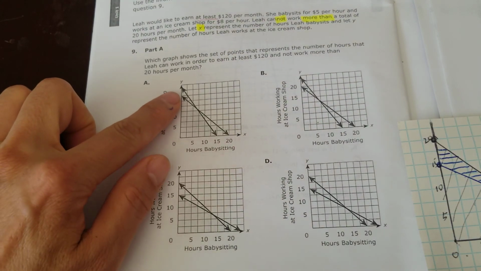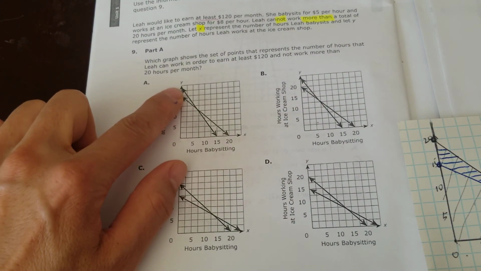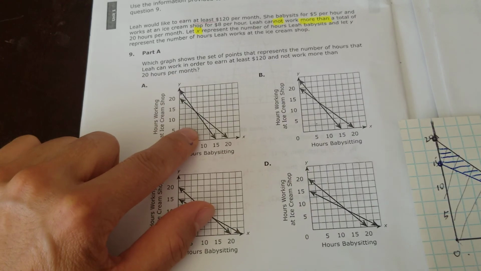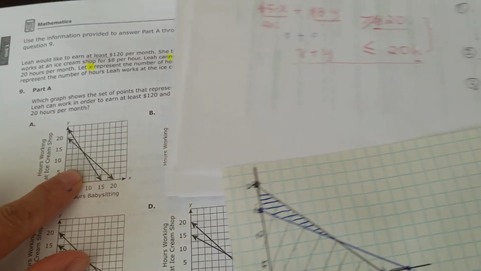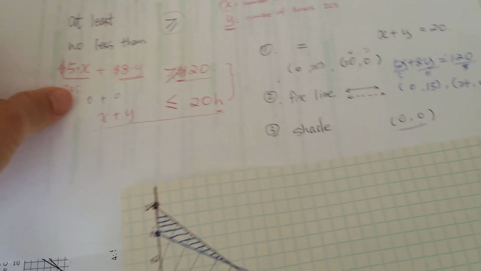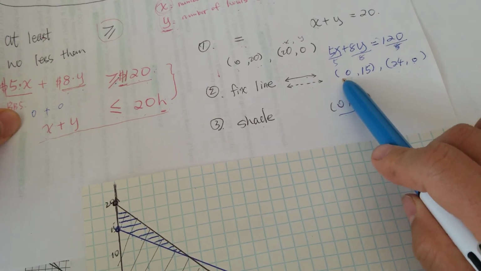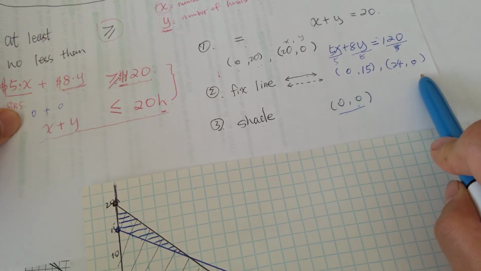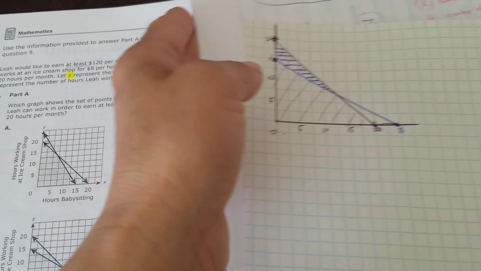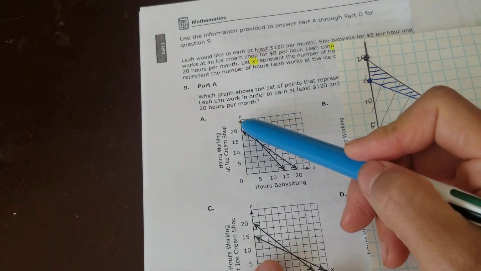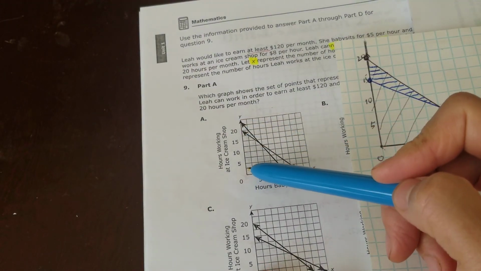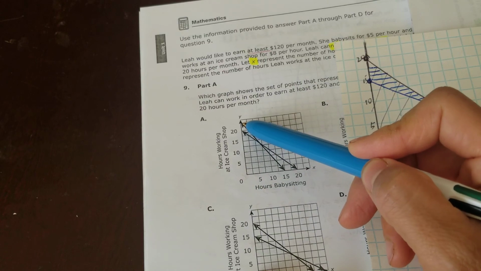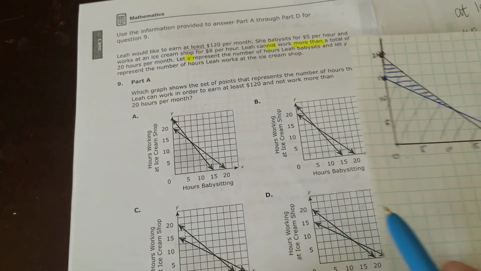We can see the first one is not right, because it substitutes the x and y intercepts the opposite way. Look, this one is not 24, 0, this is 0, 24, so this one is out.